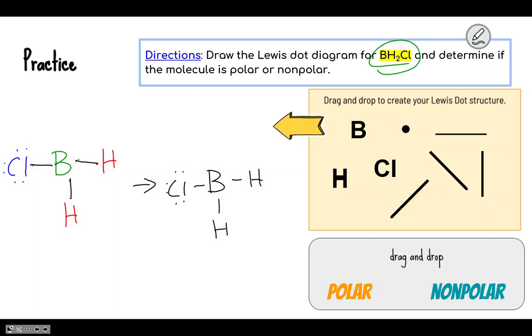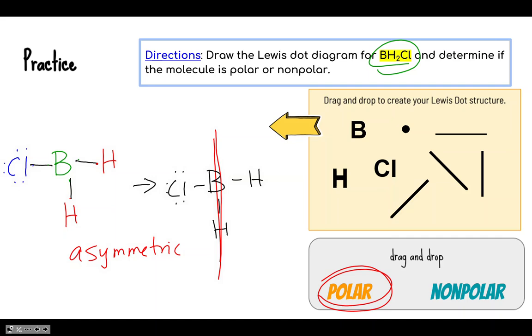Now you tell me, is that polar or nonpolar? Polar. Good, because it's not symmetrical, where there's chlorine on one side and hydrogen on the other side. Therefore, this one is asymmetric. Asymmetry means it's going to be polar. Very good. Thank you very much for pointing that out.